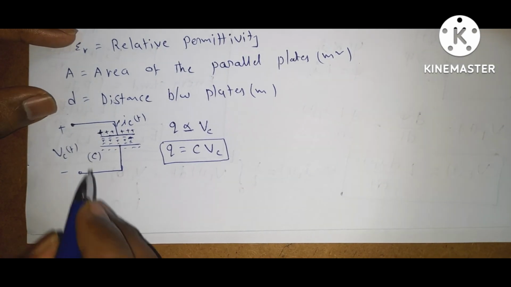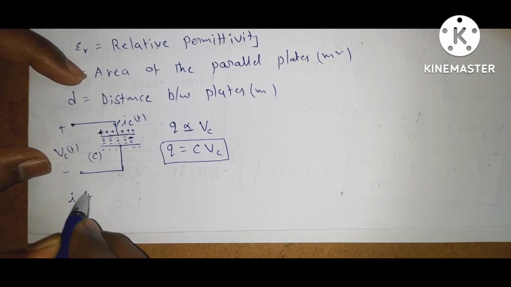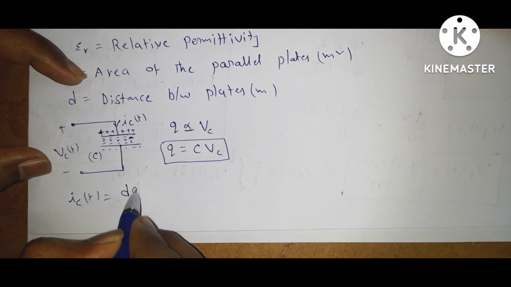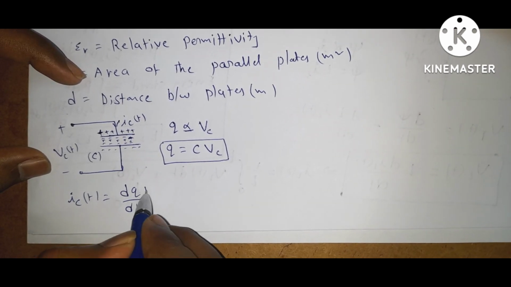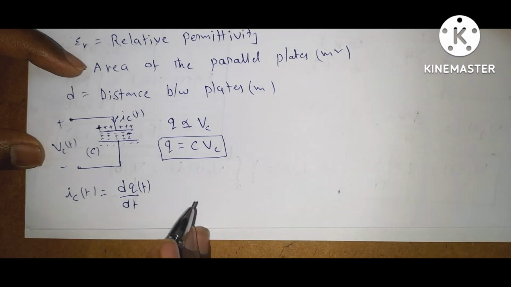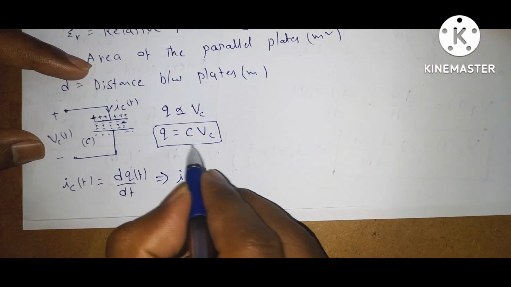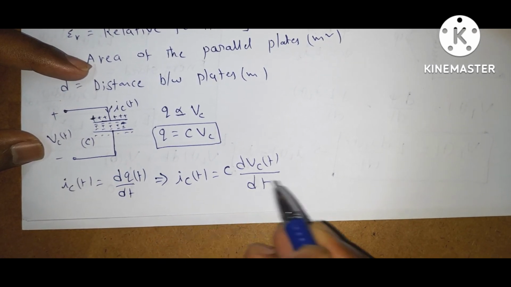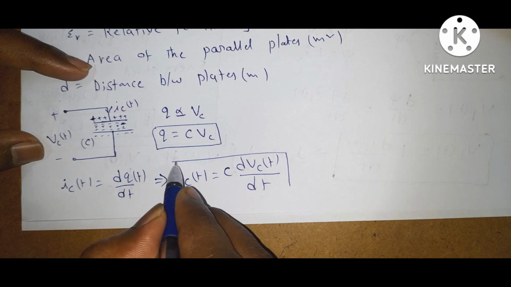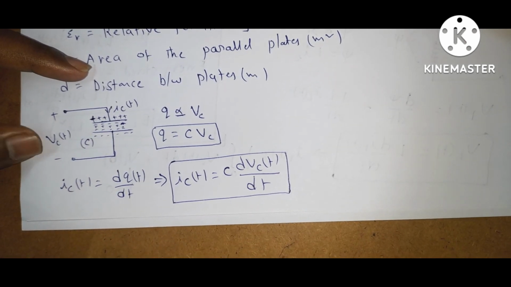Now the current flowing through the capacitor, that is IC of t, is equal to the rate of change of charge. Substitute Q of t. So this can be written as IC of t is equal to C into dVC of t by dt. This is the current flowing through the capacitor. This is one of the forms of Ohm's law.